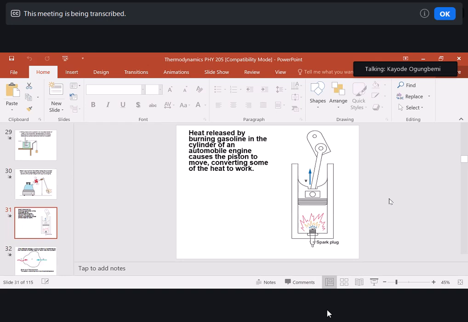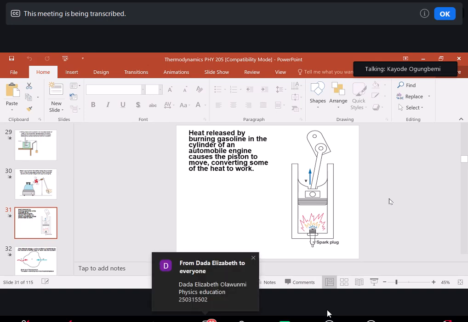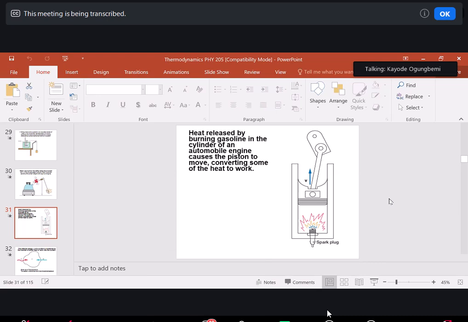How about your car engine? Heat released by burning gasoline in the cylinder of an automobile engine causes the piston to move, converting some of the heat to work. Look at it now.